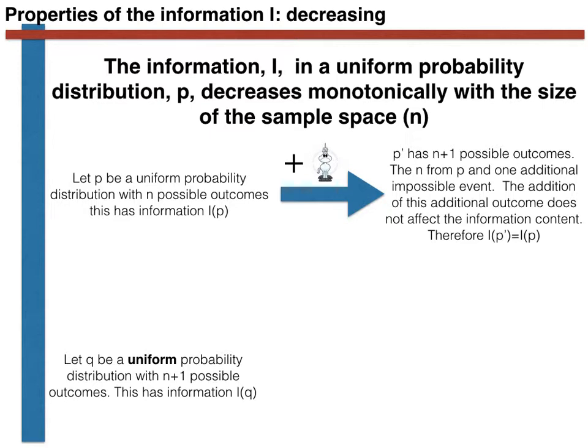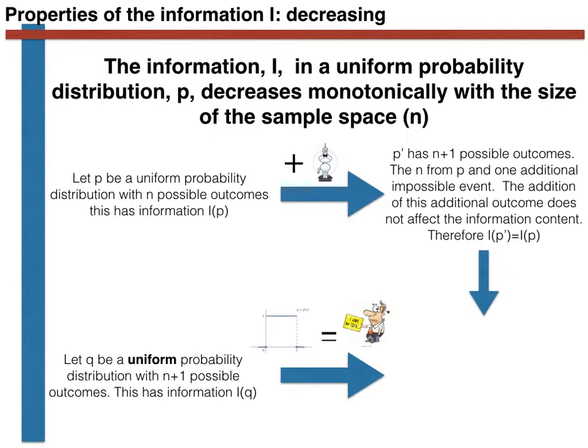I of Q is the information contained in this probability distribution, and by one of the axioms that we just introduced, this is the minimum amount of information that you can have for a probability distribution with n plus 1 events in the sample space. Because we know that a uniform distribution always gives us the minimum amount of information.